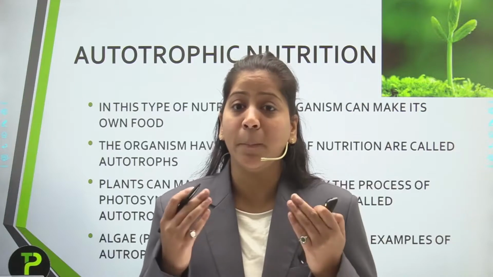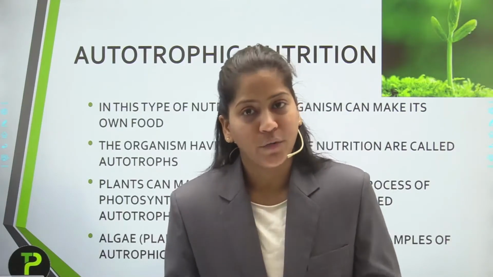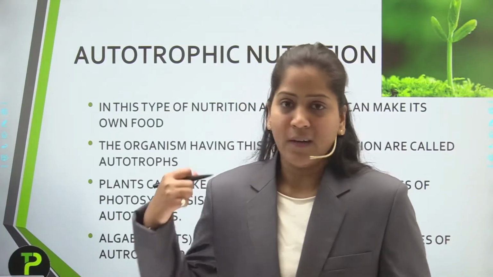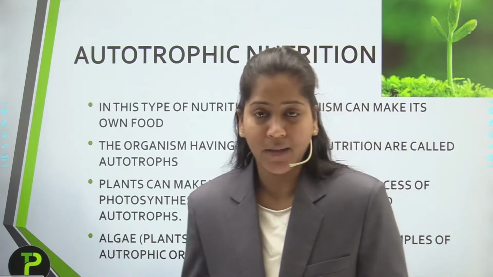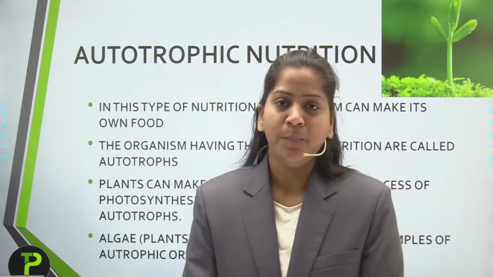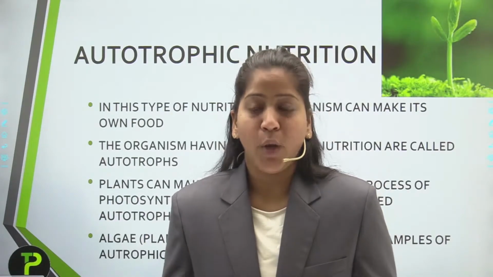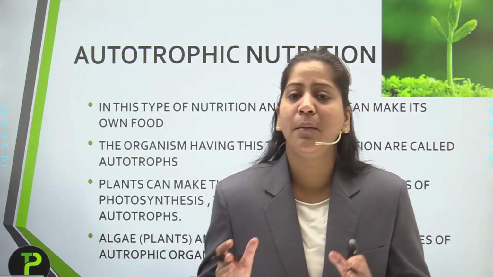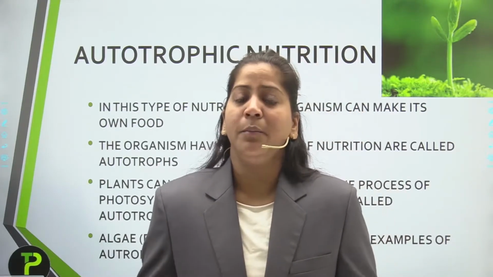Plants are the best example and the only example of autotrophic nutrition. So here I have written that algae, which is a plant, and some bacteria are also there which can make their own food. So autotrophic nutrition has example of plants and some bacteria which are autotrophic in nature, means they can make their own food.